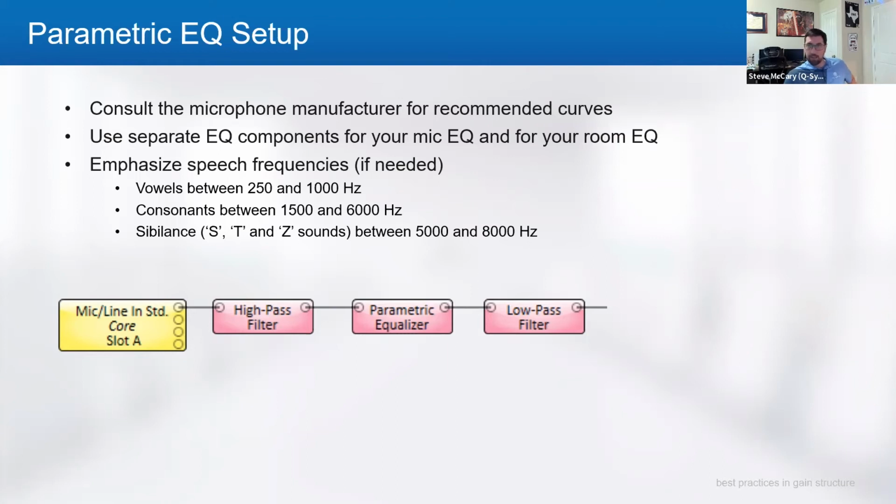So if you're finding yourself losing them, if the speech just sounds kind of muddy, then try to isolate whether it's a vowel or a consonant or sibilants, and then you can kind of tweak that up a little bit.